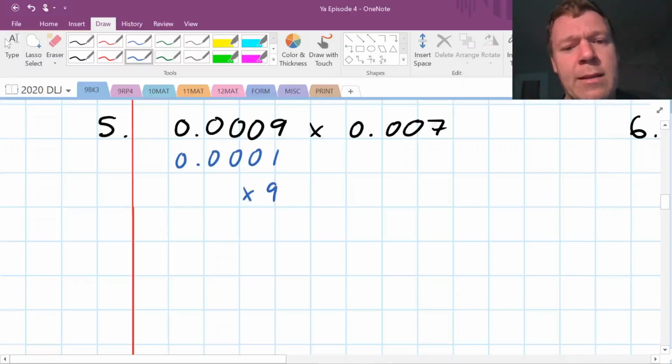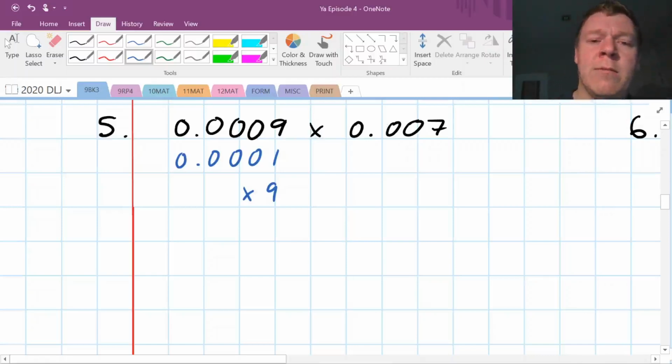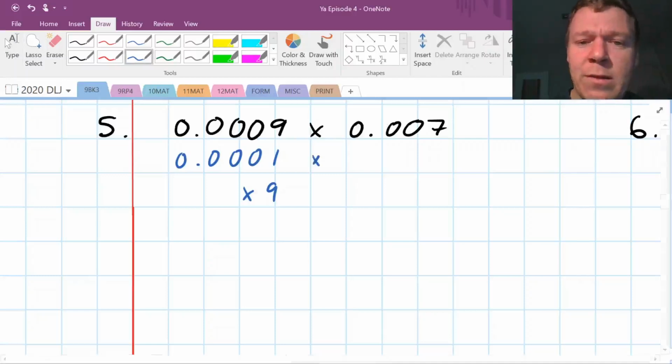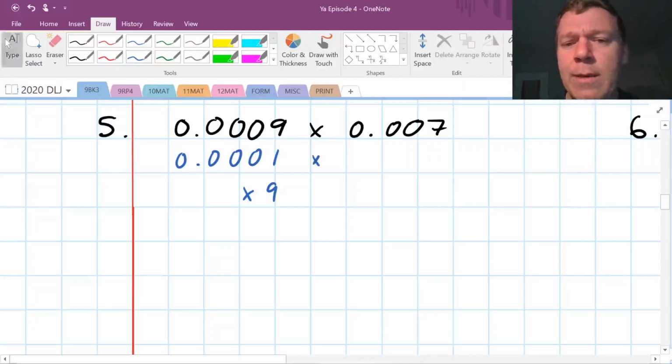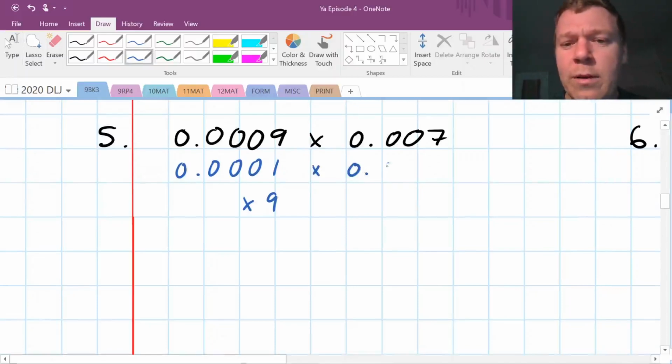See how that 9 is just going to take the place of the 1, and the 0.0001 is the same scale as the number above. This just keeps everything clear, and then we're going to multiply that by 0.001 times 7.